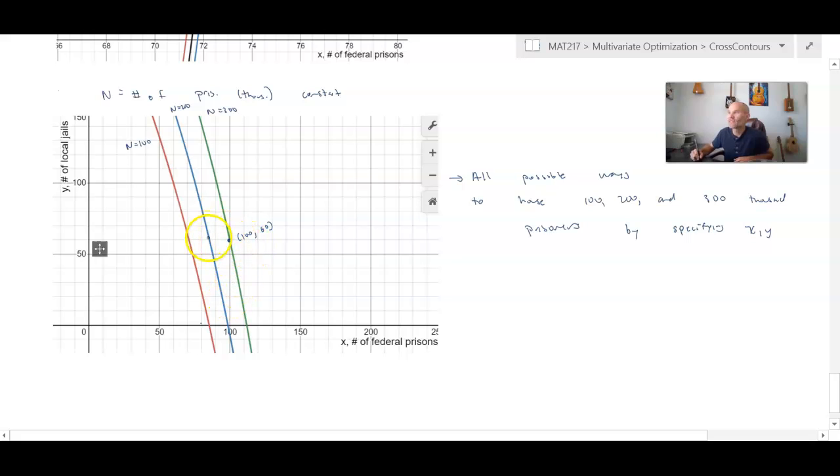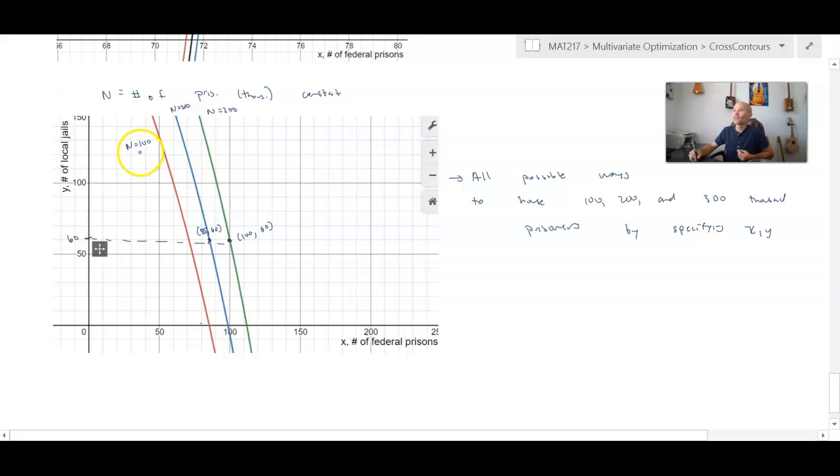But if I still wanted to have 60 local jails but only house 200,000 prisoners, well, that means with 60 local jails, I wouldn't need as many federal prisons, right? Because I have fewer prisoners, I would only need approximately 85 federal prisons, and I could have a place for all 200,000 prisoners.